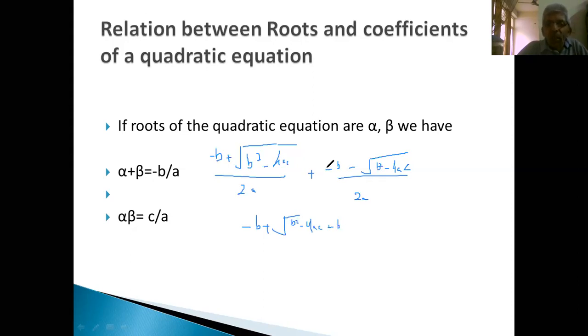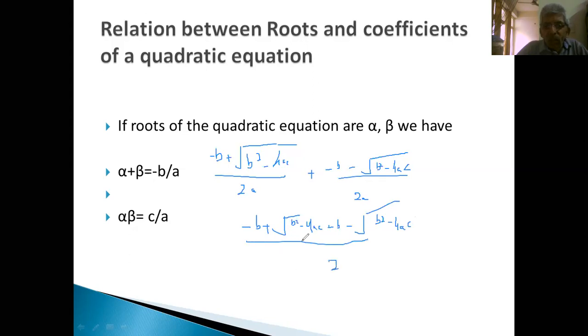Please note there is no bracket here, so I am just adding like this. So plus minus becomes minus, and again plus minus becomes minus, and I get minus under root b square minus 4ac, divided by 2a.